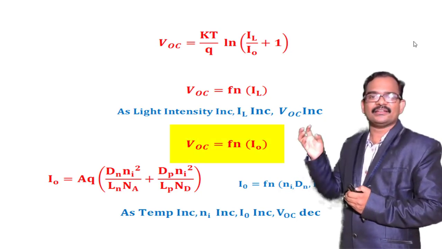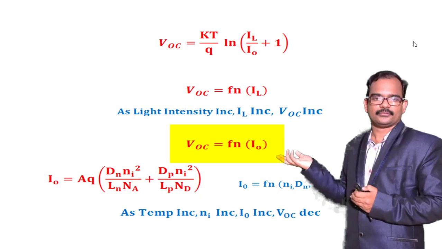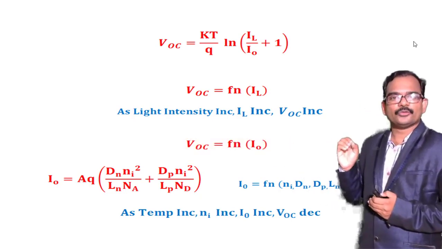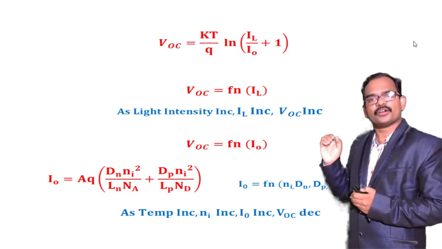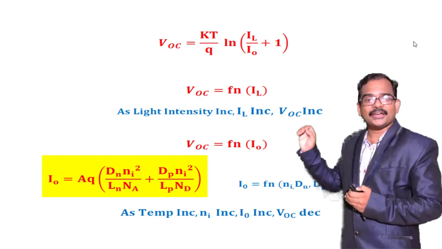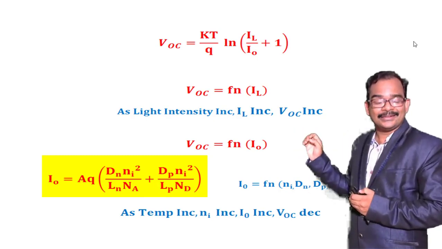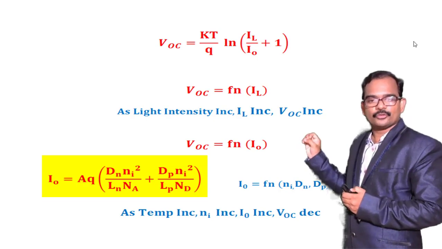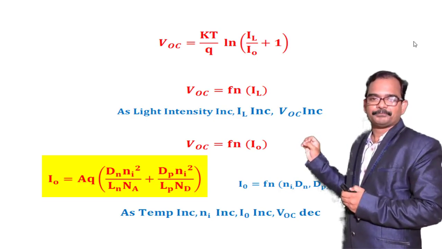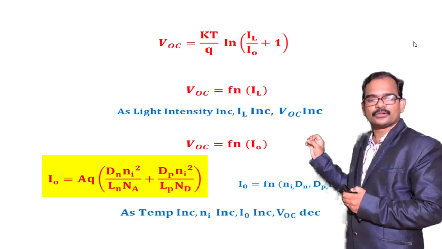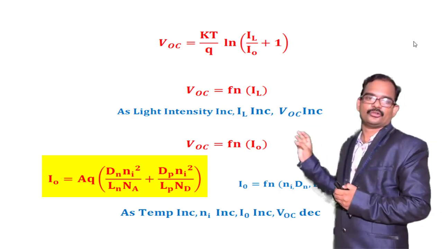Whenever IL increases, VOC increases. It's a common fact. And the second one is that the open circuit voltage is also a function of reverse saturation current I naught, where I naught is a function of intrinsic carrier concentration, diffusion coefficients of N side and P side, lengths of P side and N side, and donor and acceptor carrier concentrations.